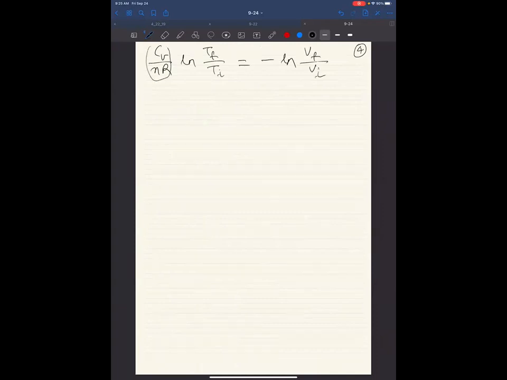And this thing we called C. So C ln Tf by Ti is equal to minus ln Vf by Vi. This C can go and become a power over here. Therefore, ln of Tf by Ti to the power C is equal to, and this minus sign can go inside, ln Vi by Vf.